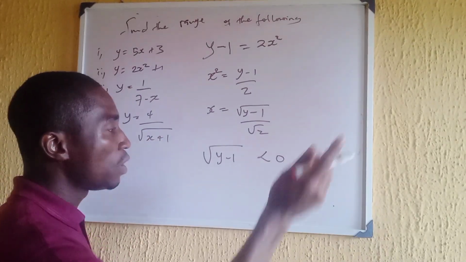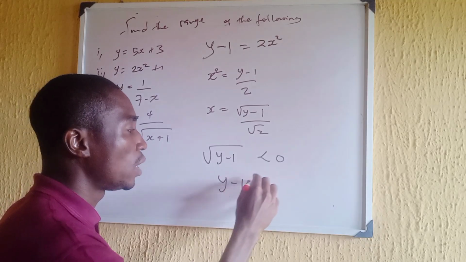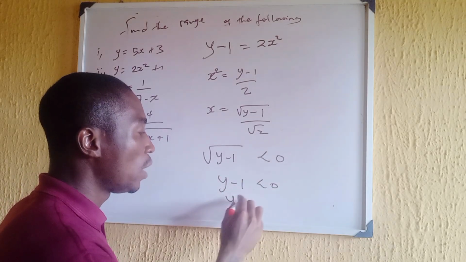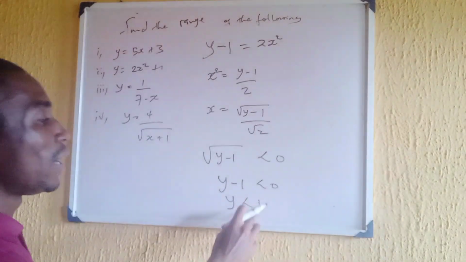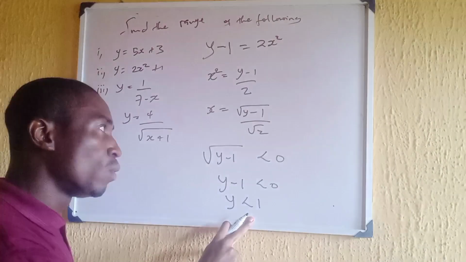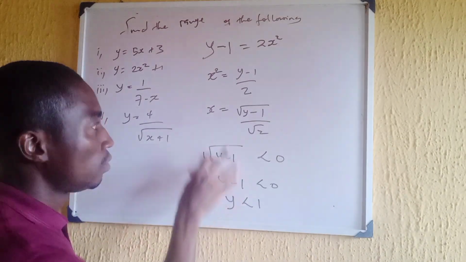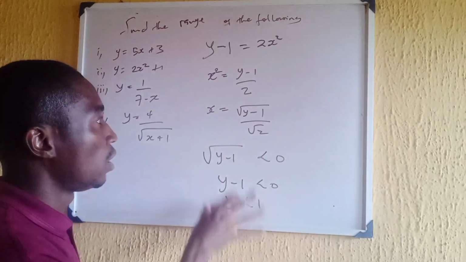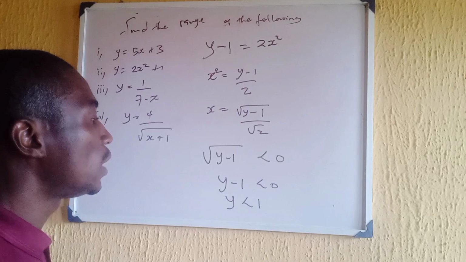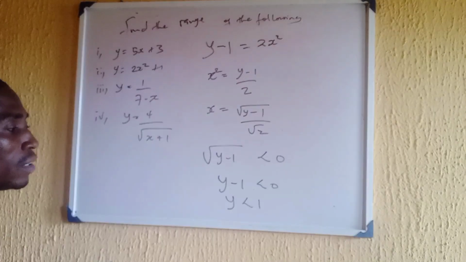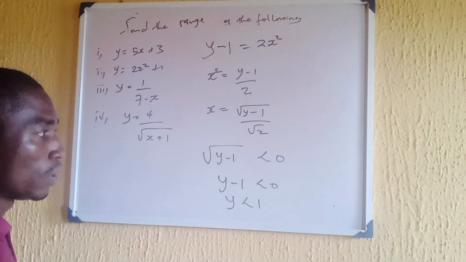So let's see, square both sides, we'll be having y minus 1 less than 0, y is less than 1. So it means that whenever y is less than 1, this equation becomes undefined. So in that case, y cannot be less than 1.